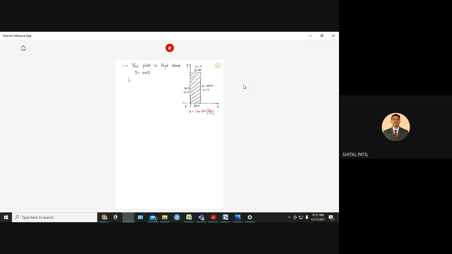Laplace equation or two-dimensional heat equation, you can write anything. Laplace equation is... Okay. Then boundary conditions are... you can write it in this way also.